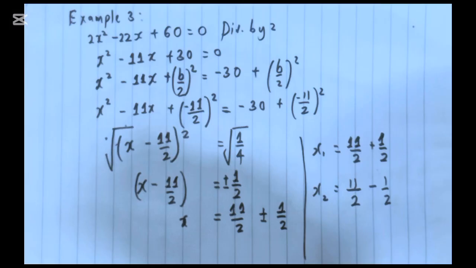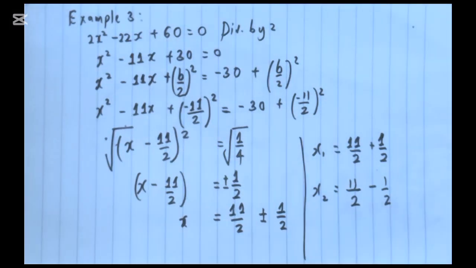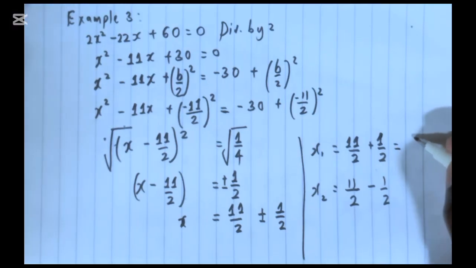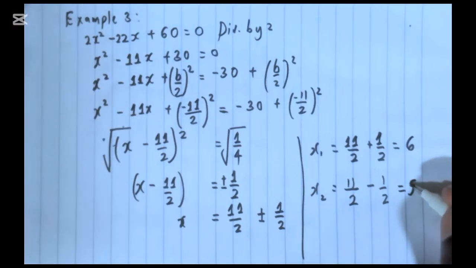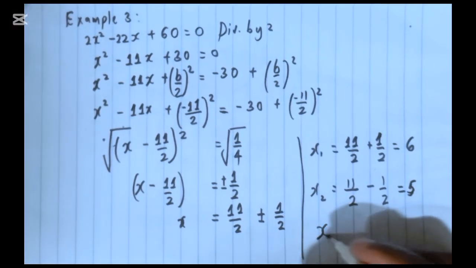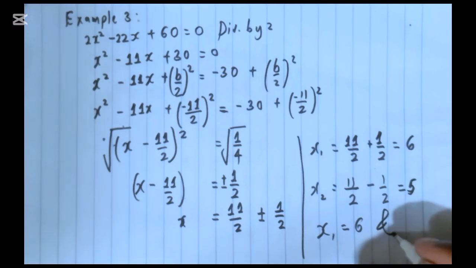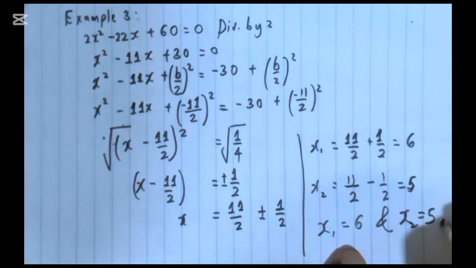When you do your math, you're going to find that x1 is equal to 6 and x2 is equal to 5. So the roots of this particular equation are 6 and 5.